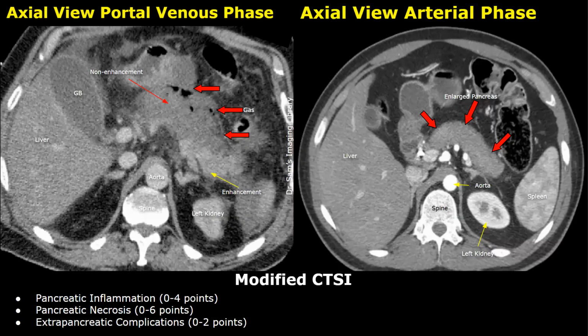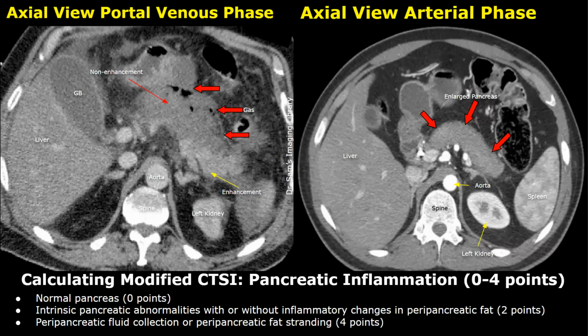MCTSI includes 3 categories: pancreatic inflammation with a score ranging from 0 to 4 points, pancreatic necrosis with a score ranging from 0 to 6 points, and extrapancreatic complications with a score ranging from 0 to 2 points.